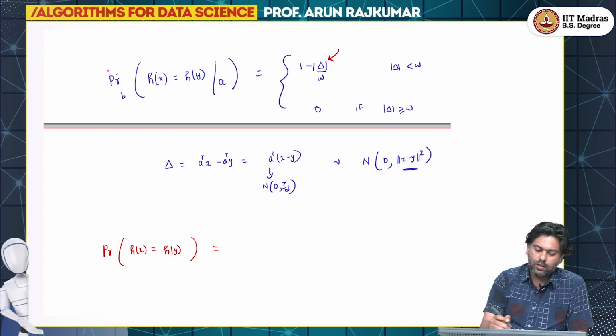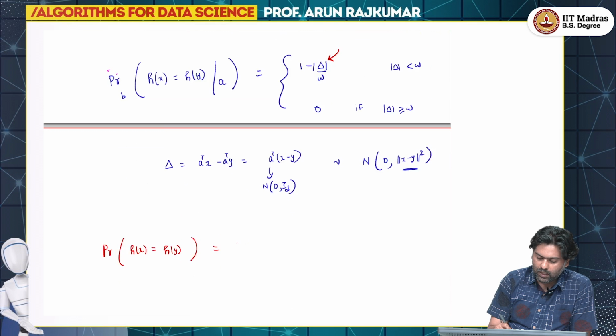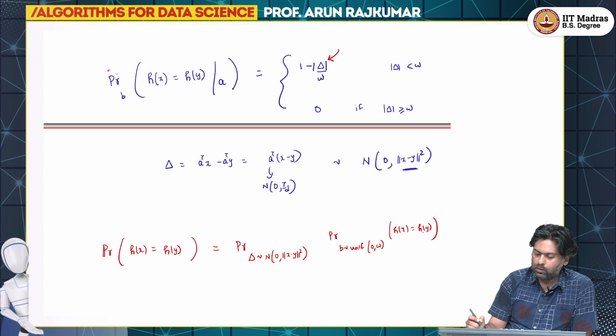So, I can write this as probability over A Gaussian with 0 and I, or equivalently, probability over delta as Gaussian with 0 and norm x minus y squared, probability over B uniform from 0 to W, of h of x equals h of y, right.